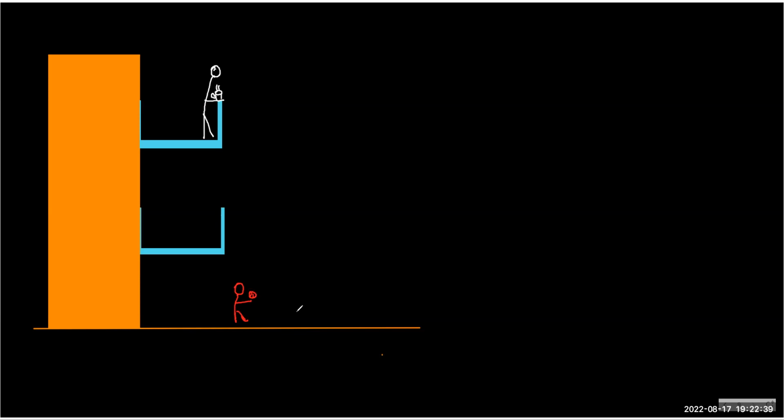We'll make some assumptions. Let's say the height of your friend is very small compared to the height of the building, so I will ignore the height of the person, and the person will throw the ball. We'll assume that the person is throwing the ball from here, although I'm showing it there. Because I don't have the space to draw a very big building, assume it's a very tall building.